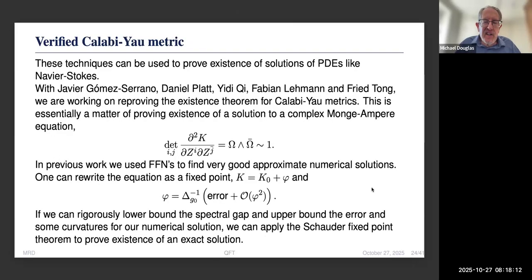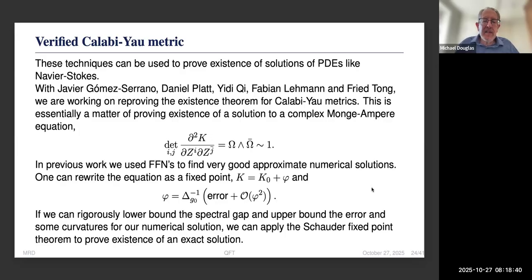And then this very much broadens the scope of these techniques because, of course, there are lots of problems where there's no simple analytic solution, maybe no non-constructive proof. A famous example where there is a proof which is semi-constructive, but very, very difficult, is the famous Yau theorem, the existence of a Ricci-flat metric on a Kähler manifold of zero first Chern class.